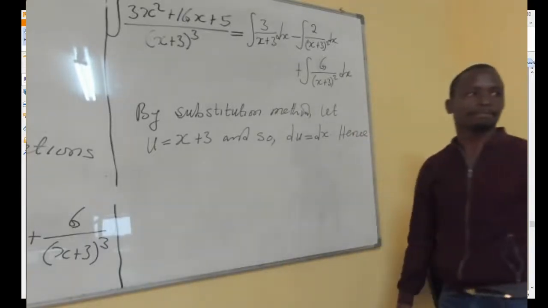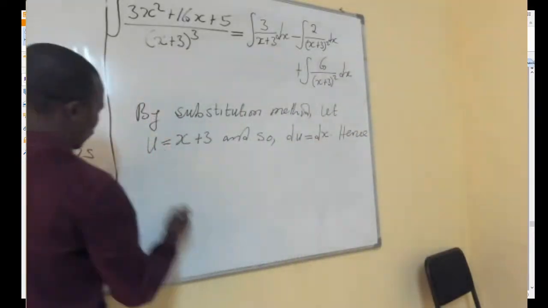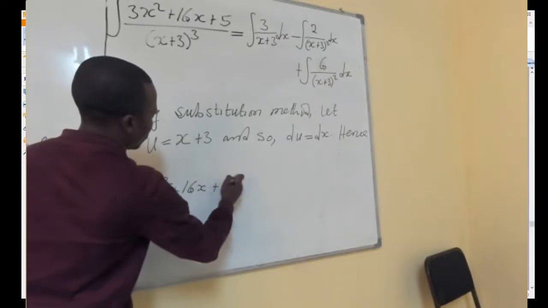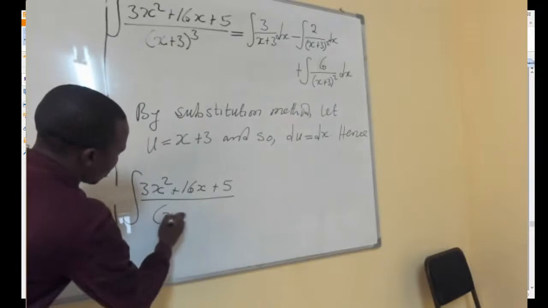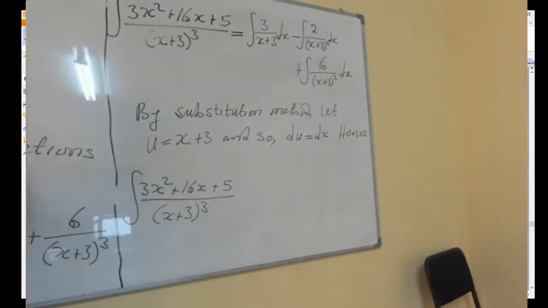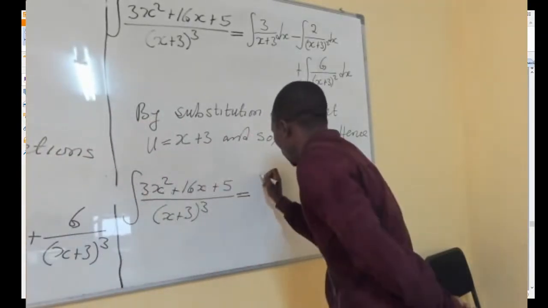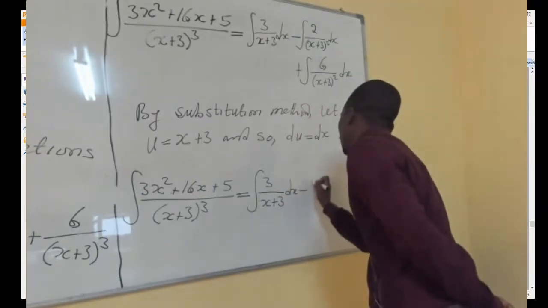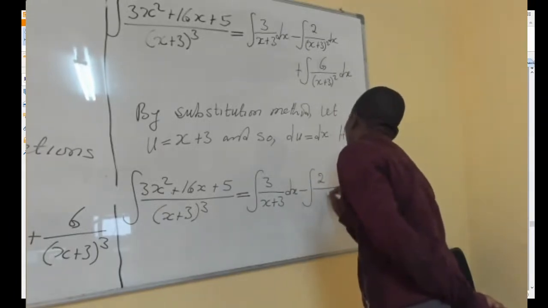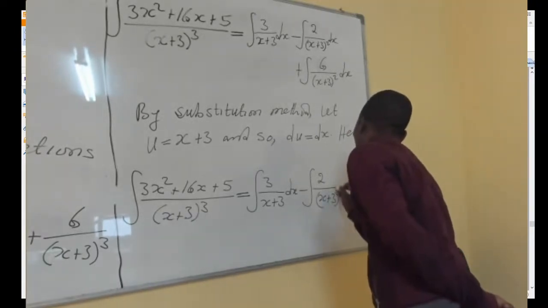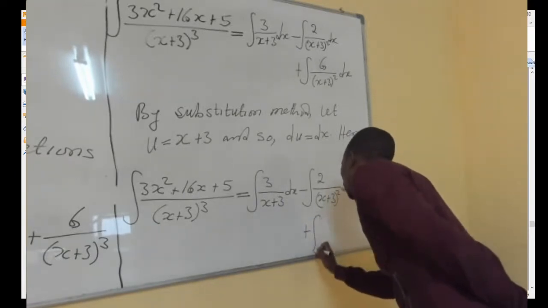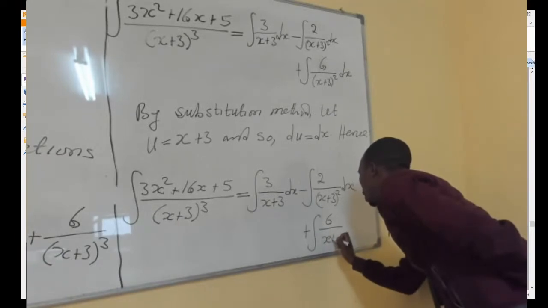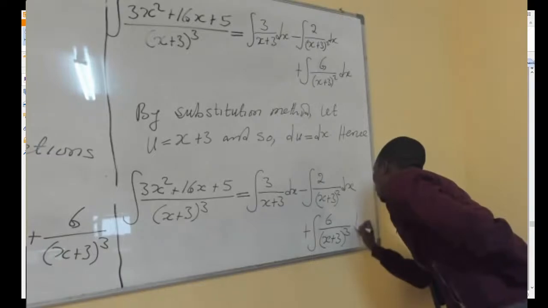Hence, the integral of 3x squared plus 16x plus 5 over x plus 3 to the power 3 is equal to the integral of 3 over x plus 3 with respect to x minus the integral of 2 over x plus 3 squared dx plus the integral of 6 over x plus 3 to the power 3 dx.